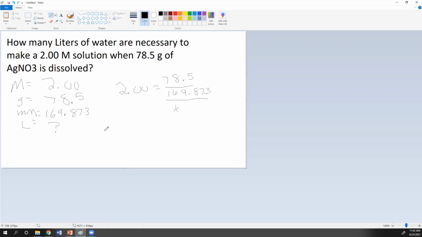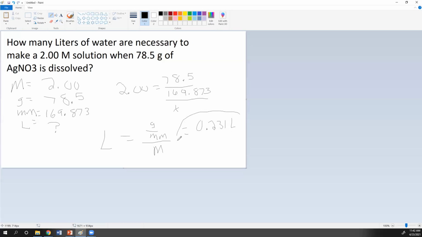So liters would equal grams divided by molar mass divided by molarity. That's where people struggle with molarity, typically just the math of solving it out. So the answer is going to be around 0.231 liters. That sounds about right.